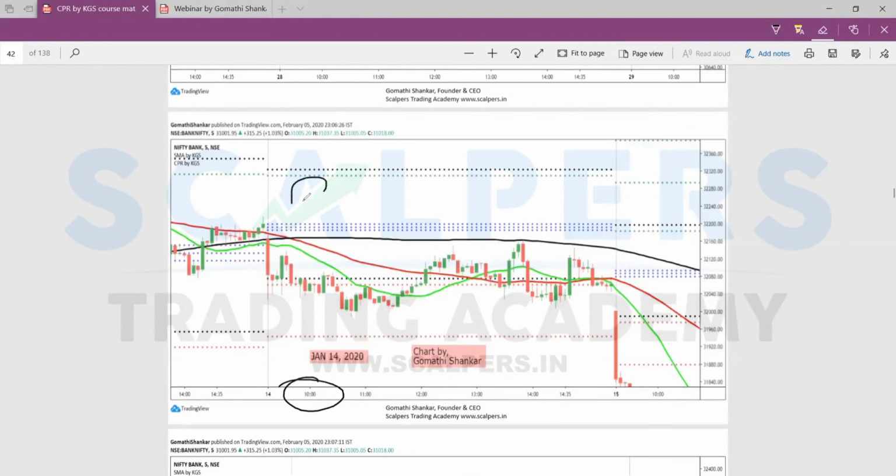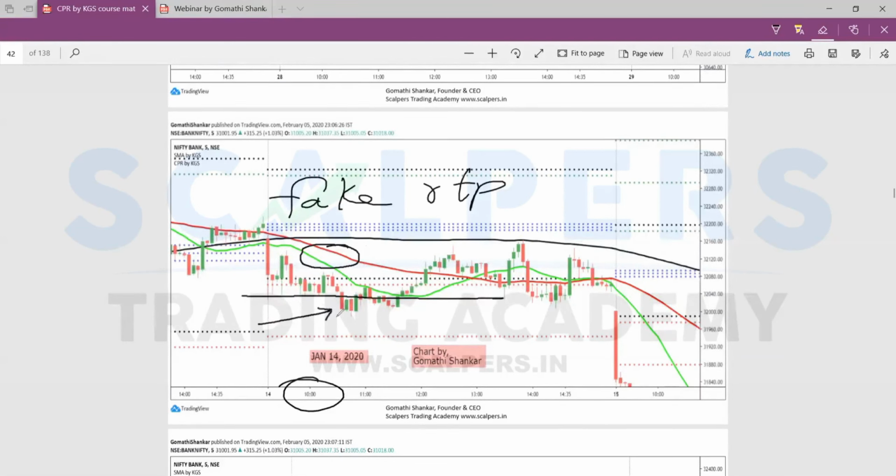How can you easily identify a fake RTP? See the structure of 20 and 50. 20 and 50 are looking like a RTP. See, day low is broken here. But what happened? Candles are not having the energy to go down.